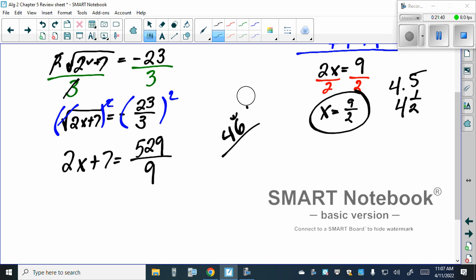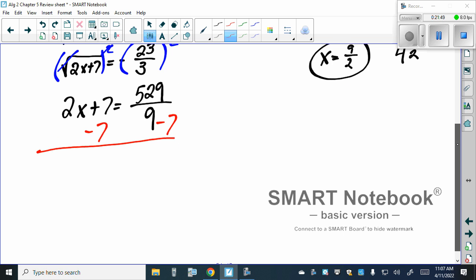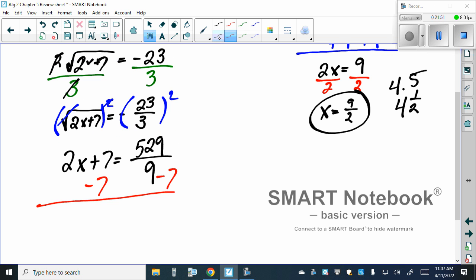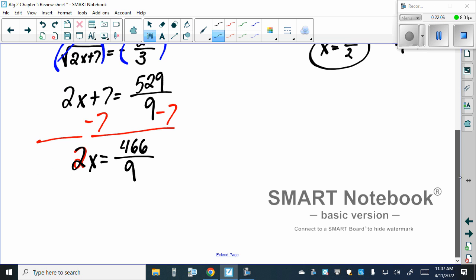And then at this point here, we would subtract 7 from both sides, which is still going to be a pretty big number. Because 9 times 7 is 63, that gives 466 over 9.